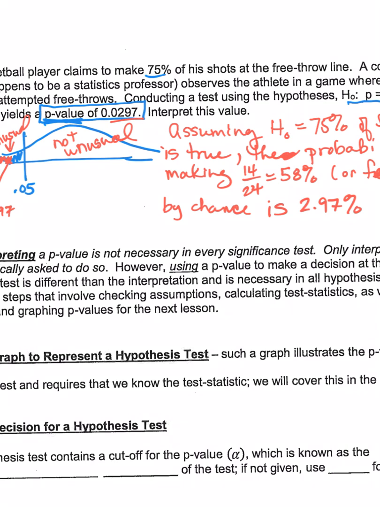He'd have to be having a really, really bad night. If he, on average, makes 75% of his shots, that means a lot of the time he makes more than that. So standard deviations wise, this is more than 3 standard deviations below the mean, isn't it? So that makes it unusual. Does everybody understand this now? Kind of? Okay.